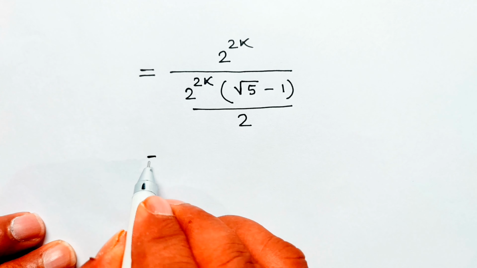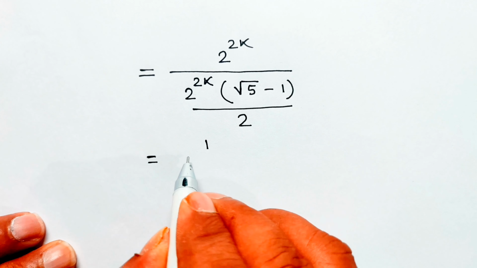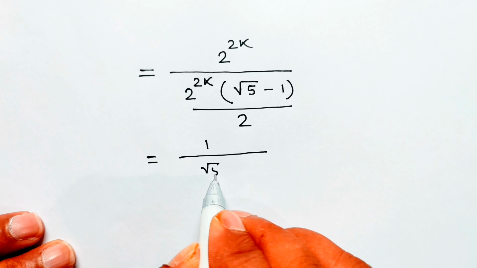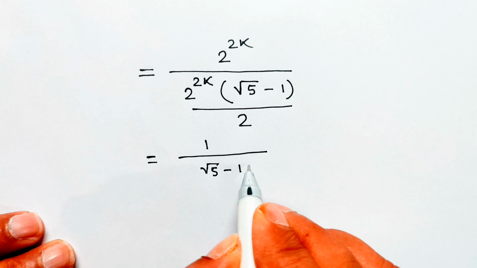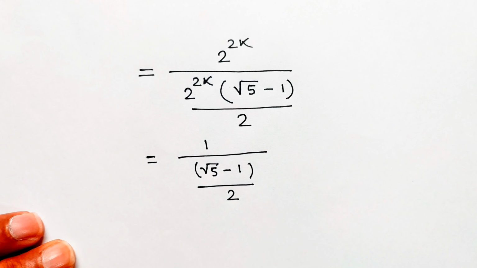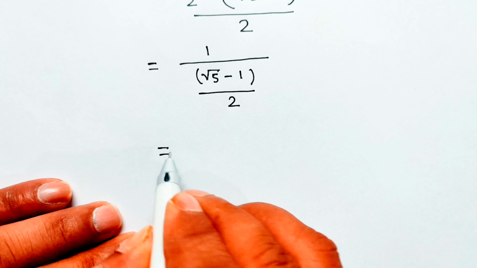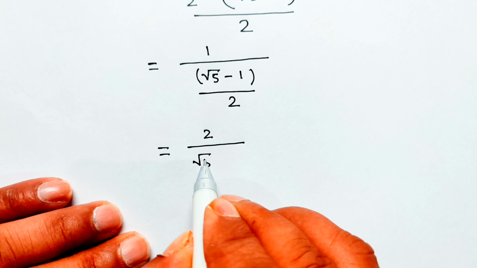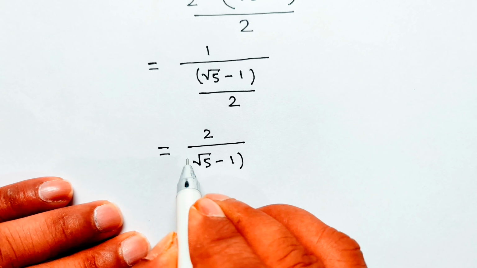Then equal 1 divided by (root 5 minus 1) divided by 2, then equal 2 divided by (root 5 minus 1).